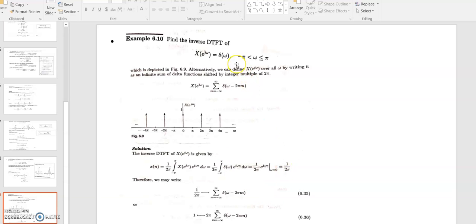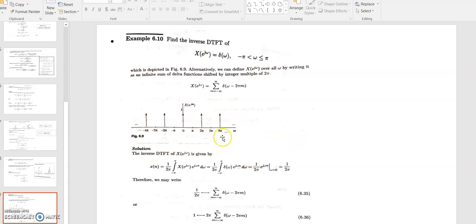So the IDTFT of delta omega is 1 upon 2 pi. We can also represent this function as the sum of delta omega minus 2 pi m, as it is extending from minus infinity to plus infinity and repeating over an interval of 2 pi.